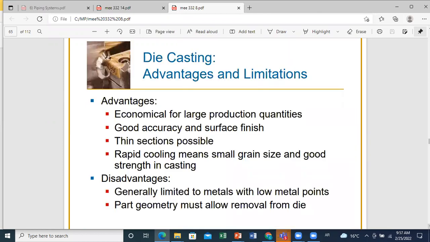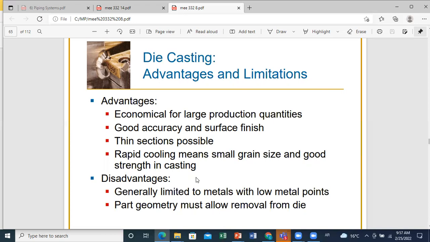Now, concerning the advantages of die casting, it's economical for large production quantities. It ensures good accuracy and surface finish, and using it, you can produce thin sections. Furthermore, rapid cooling means a small grain size and good strength in the casting. This is allowed by the pressure that is maintained during the solidification.